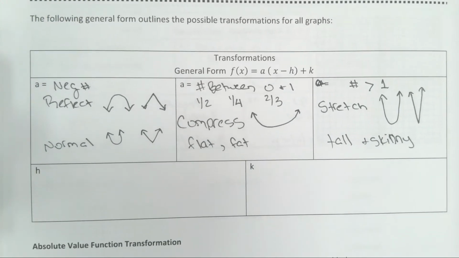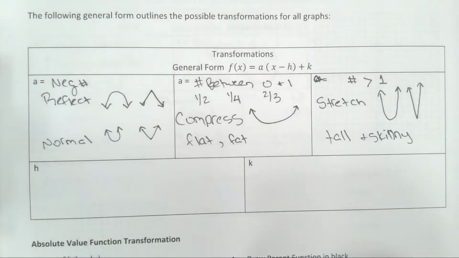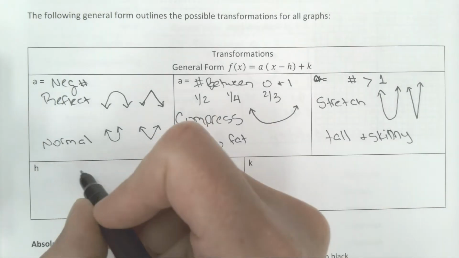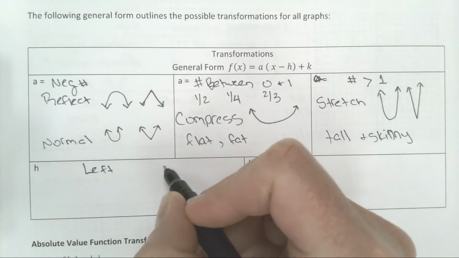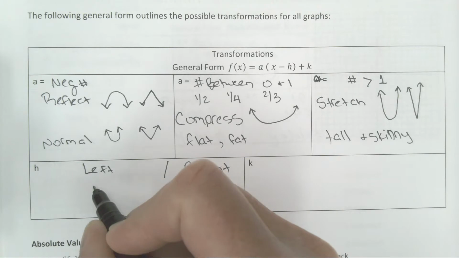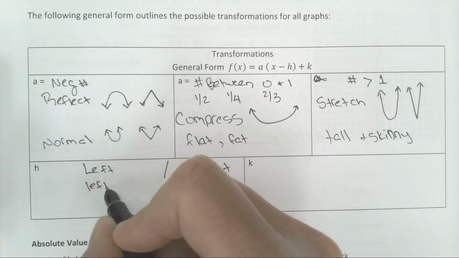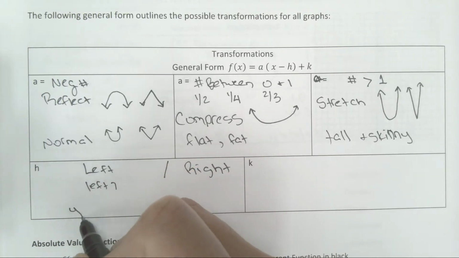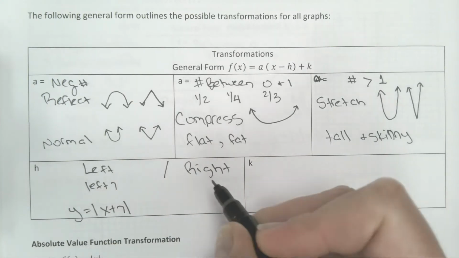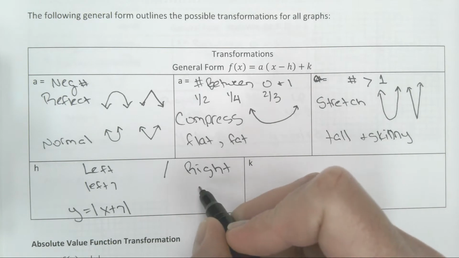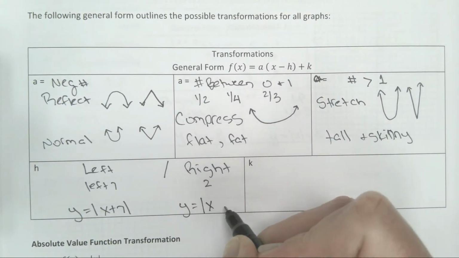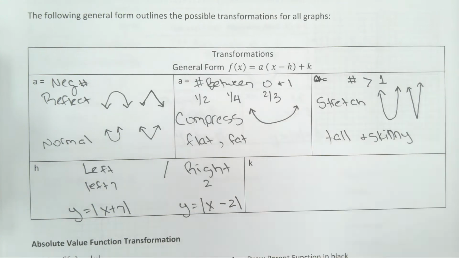And then once again, to recall, h will move something left or right. If I wanted to go left 7, it would be y equals the absolute value of x plus 7. And if it was going to go to the right 2, it would be the absolute value of x minus 2.